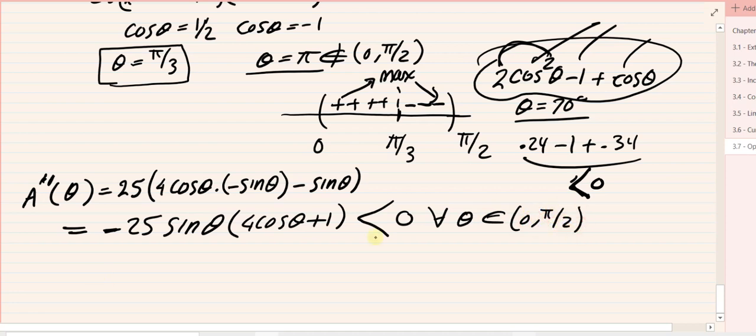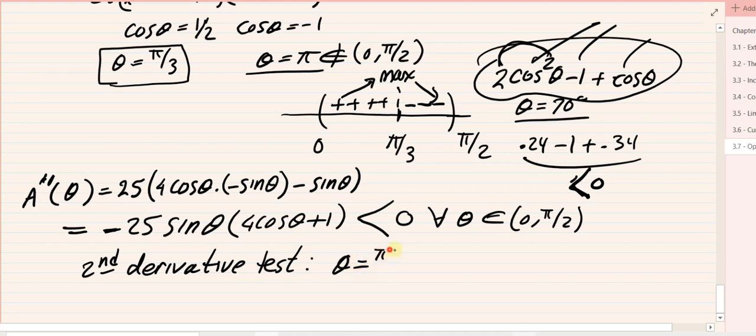So therefore, because it's less than 0 by our second derivative test, theta equals pi over 3 will maximize the area.